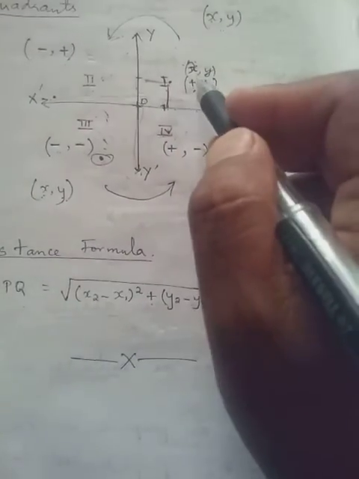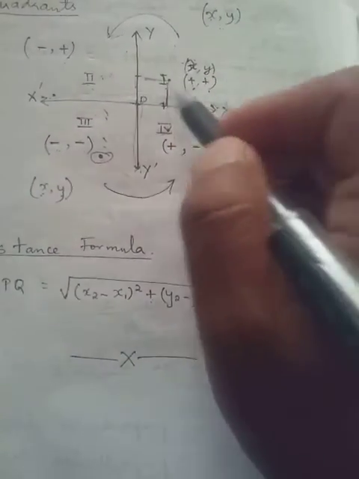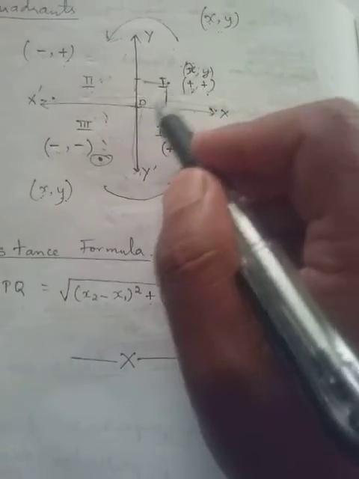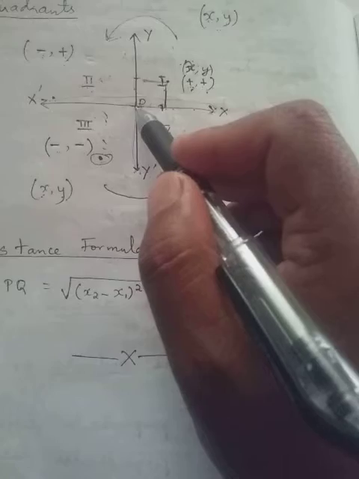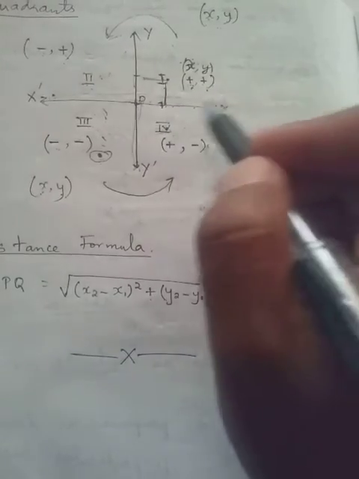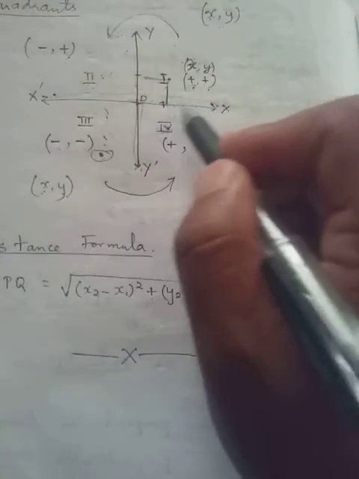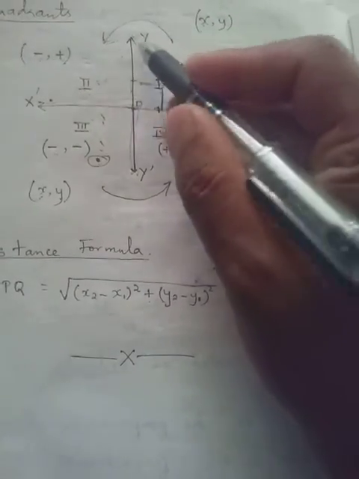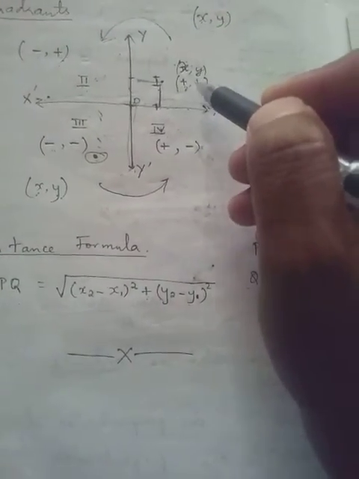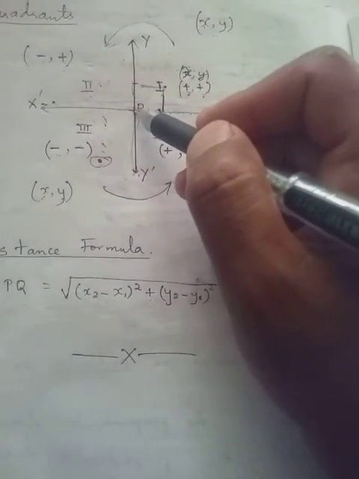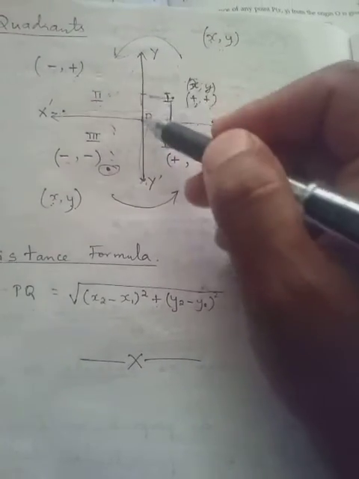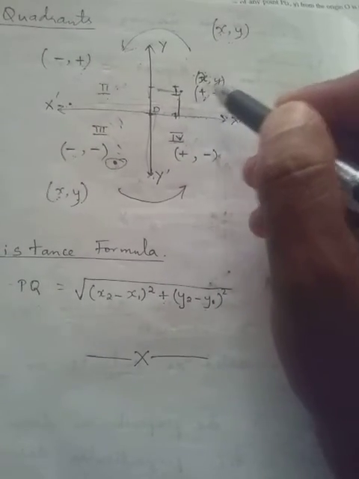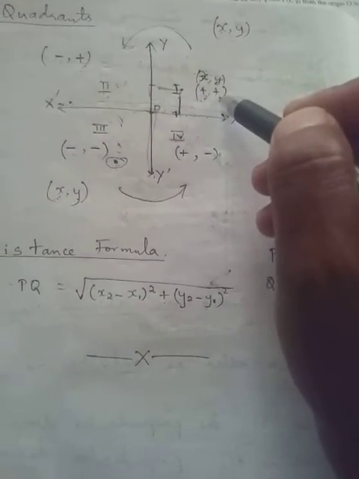The sign convention will be plus and plus, because if you measure along the x-axis, you are going from the origin to the right side, so it gets a positive sign. For the ordinate, from the origin, if you go up, above the x-axis, it is a positive value. So x is positive and y is also positive.